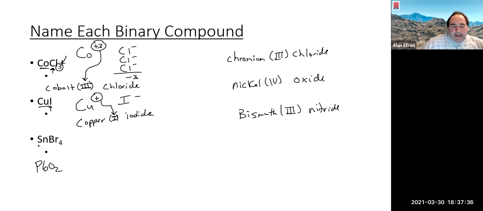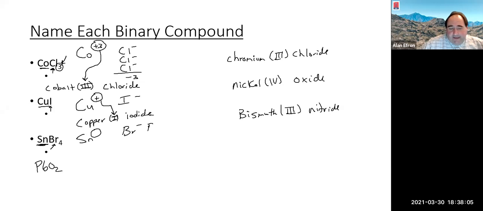Coming this way, we got Sn. That's our good friend tin. Tin is not necessarily a transition metal, but it's number 50 on the periodic table, and that is just to the right of the transition metals. So even though it's not one, it is named the same way. It means it can have multiple types of charges. Could be +2, could be +4, or some other things. We look at Br, which is our non-metal, group 7, and it is -1.